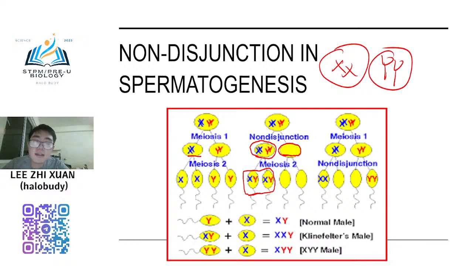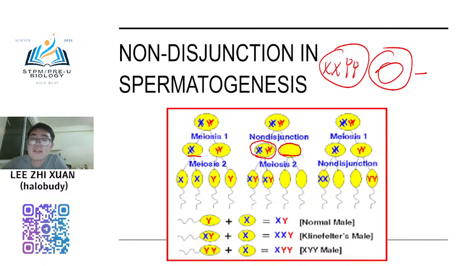But when non-disjunction occurs in meiosis 1, it will all be here. This one has no sex chromosome, zero at all, so in meiosis 2 this one will also get zero. So this sperm does not have a sex chromosome at all, and this one has XY.